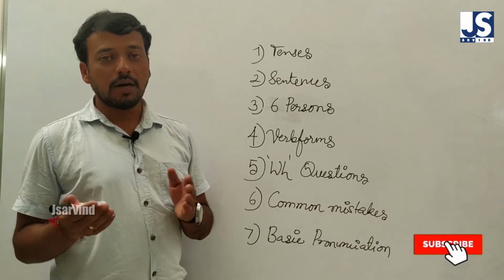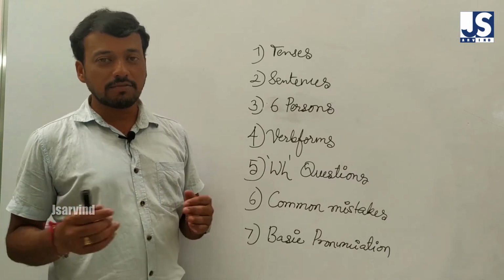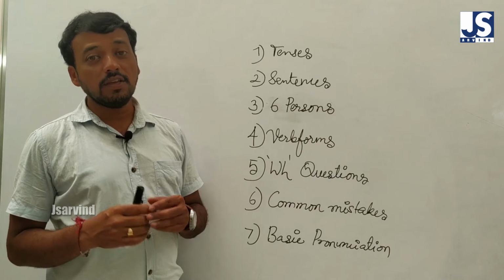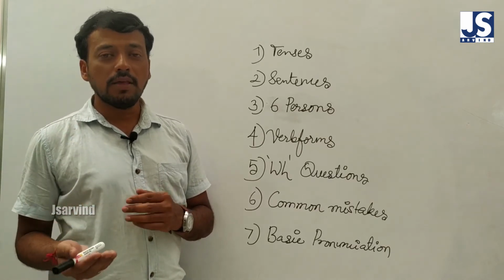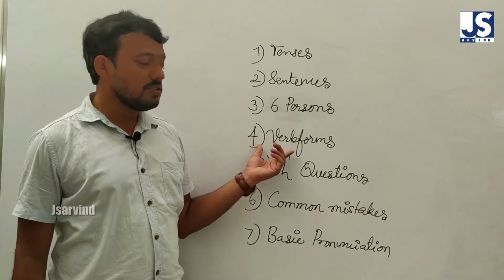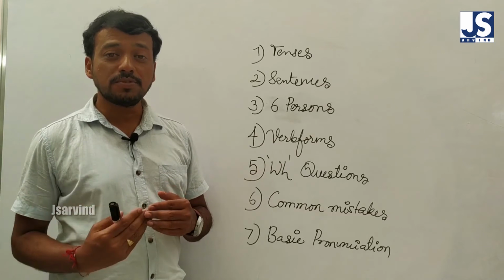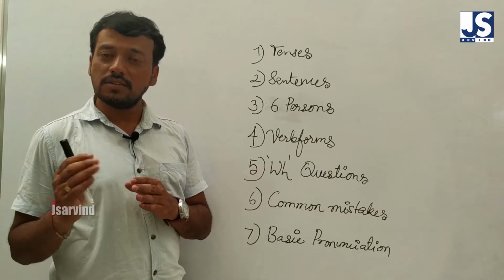For example, come, came, come, coming, comes. So we have to learn 5 verb forms for at least 300 verbs. That will be helpful to you when you are speaking in English. So the 4th one is to learn the 5 verb forms of 300 verbs.